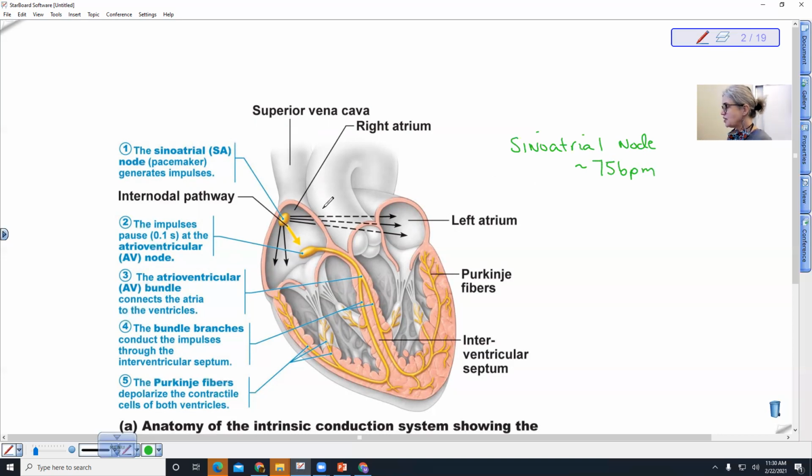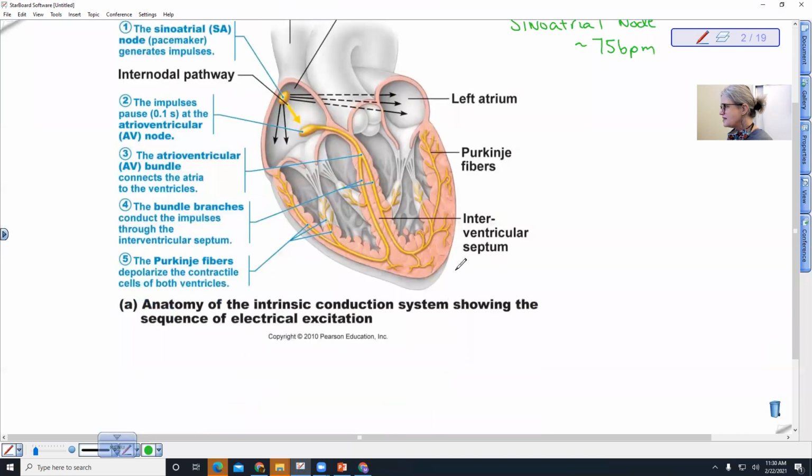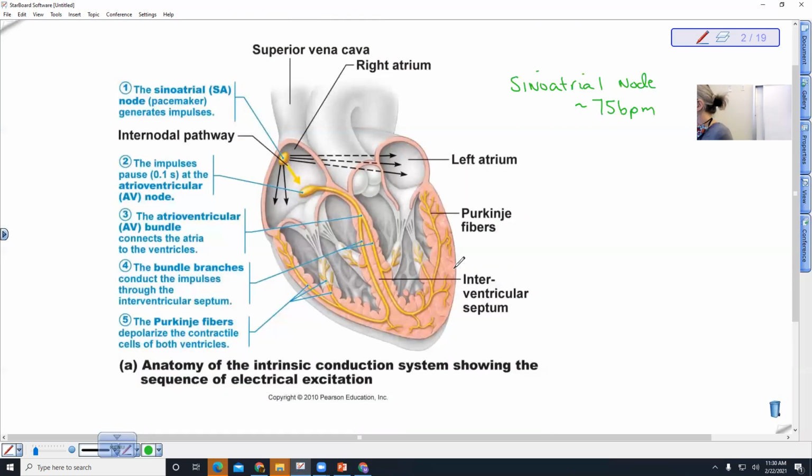This depolarization, you'll notice, travels from the right atrium also to the left atrium, and then it goes to what we call the Atrioventricular Node, or the AV node. This AV node actually delays impulses.